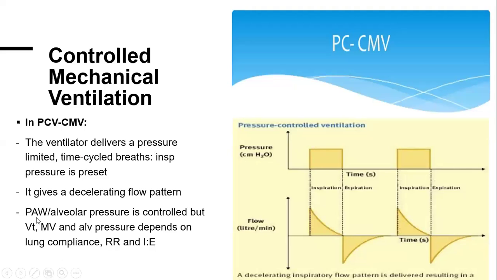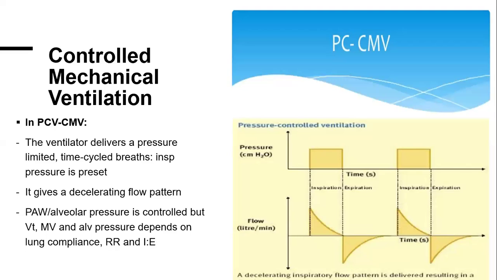So the peak airway pressure and alveolar pressure is controlled here. But the tidal volume, the minute volume, depends on the lung compliance. For COPD patients that have very high lung compliance, the pressure that is needed will be low.